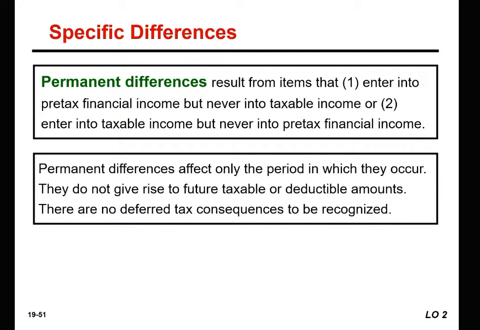Some examples of permanent differences are interest received on state and municipal obligations, proceeds from life insurance on key executives, such as key man policies, fines and expenses resulting from a violation of the law. These items are not computed in the computation of taxable income, and the profession has concluded that the tax consequences of these differences should not be recognized.